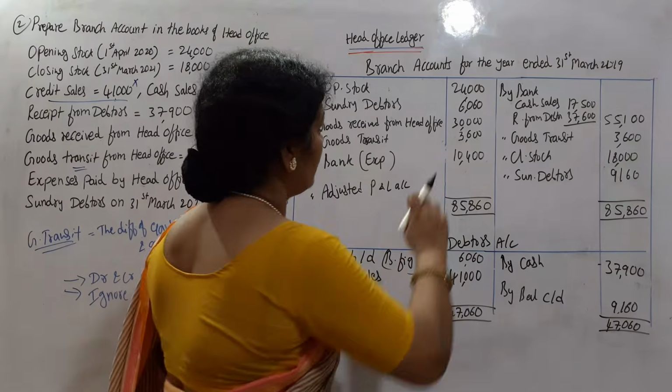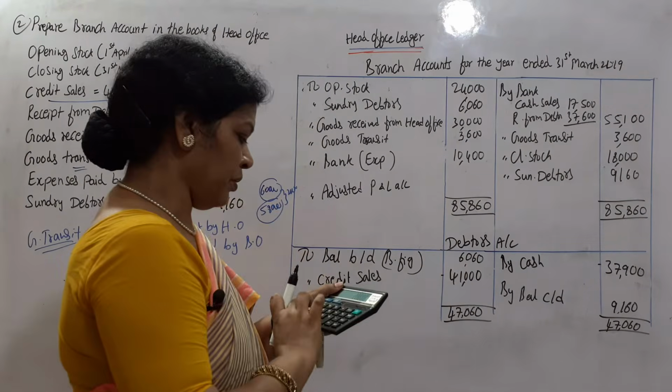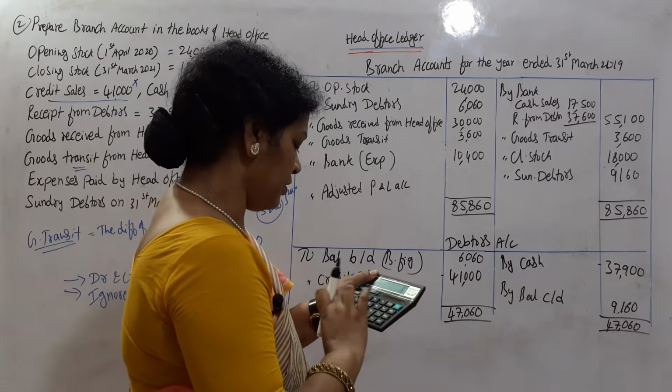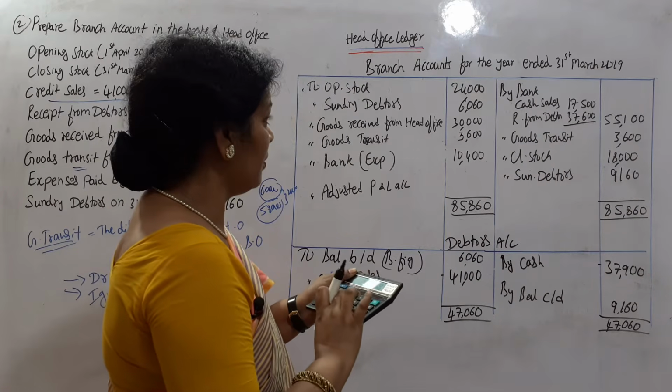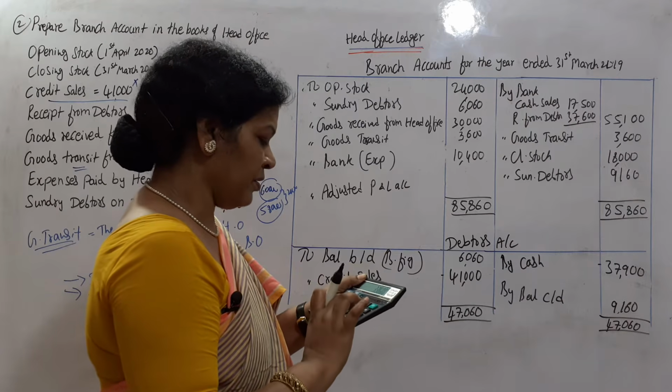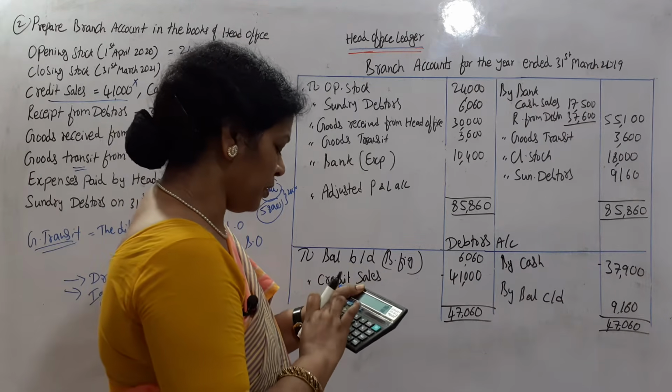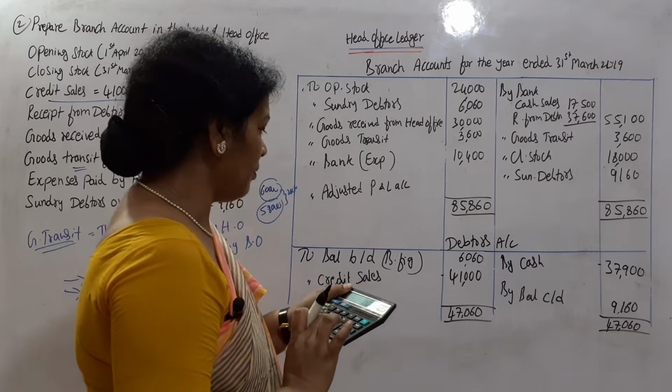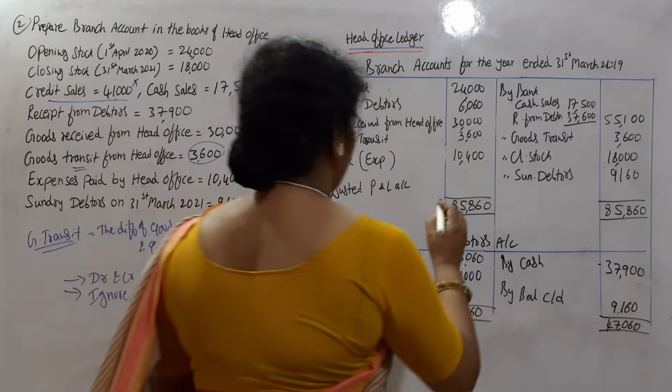Minus 24,000 minus 6,060 and 33,600 and 10,400. 11,800 we are getting.